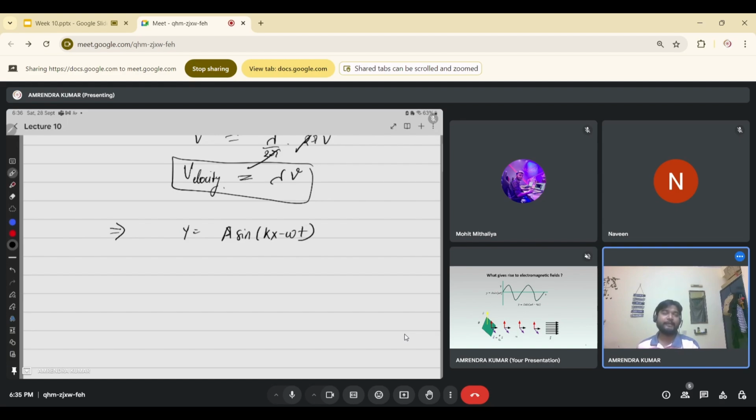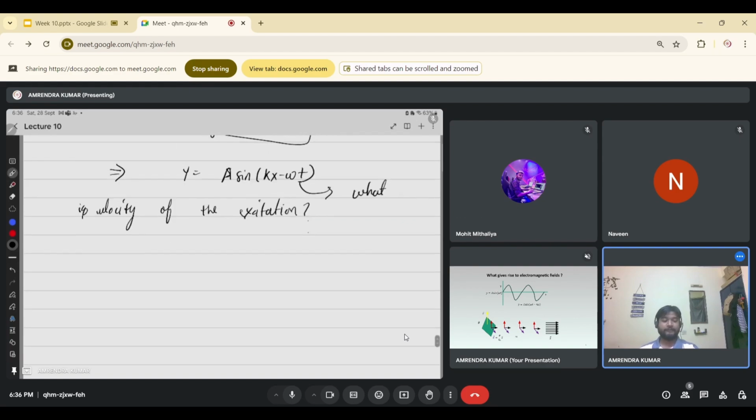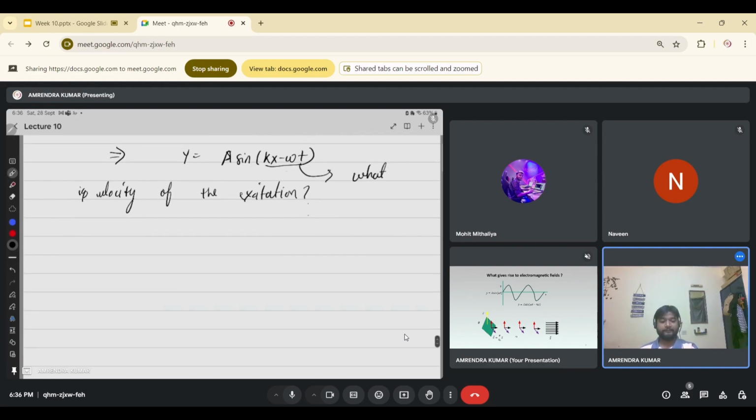So by looking at the equation of the wave, we can tell anything about it, such as how much velocity the wave is traveling with and what the velocity of the excitation is. And just by looking at it, you can take this phase phi. This is called the phase, and that is nothing but kx minus omega t.